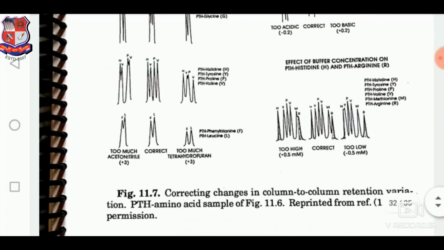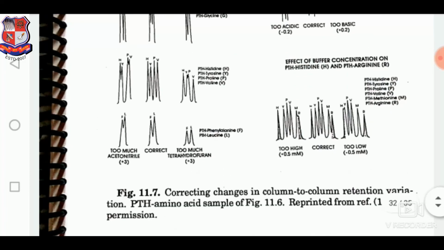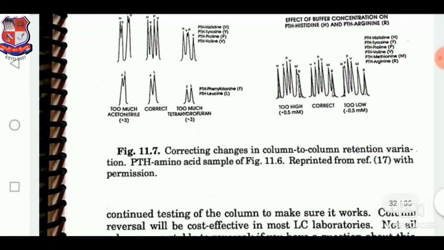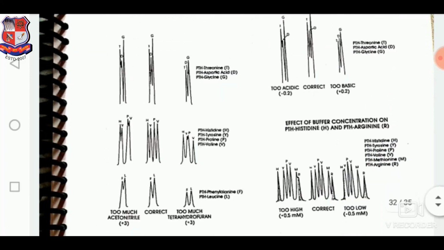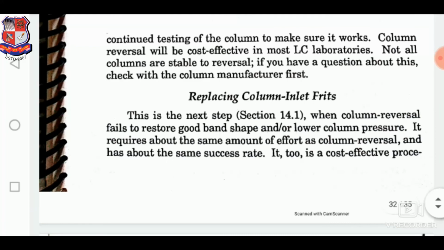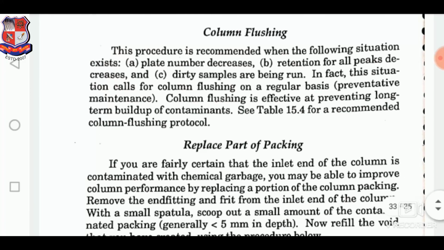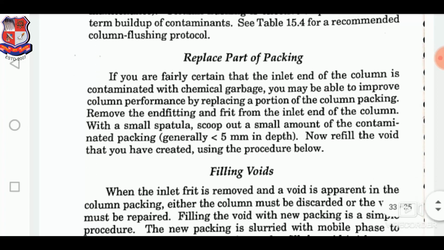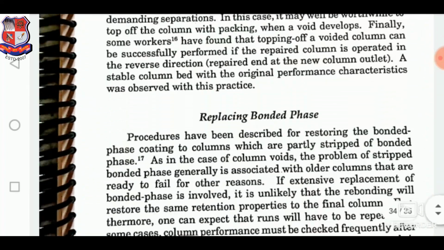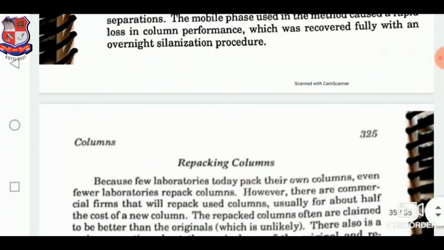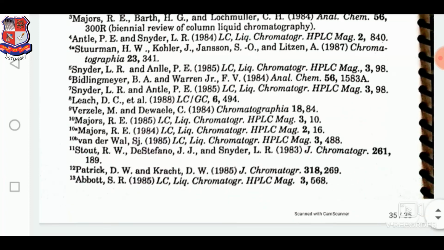Here one figure illustrates correcting the changes in column to column retention variability. How can we influence that? These are the chromatograms: replacing column inlet frits, column flushing, replacing part of the packing, filling voids, replacing bonded phase, repacking of the column. Now these are the references.